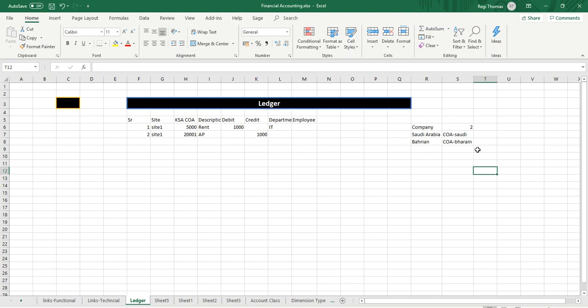So you will decide that whenever a transaction is happening, I need to track it in another chart of accounts which is common to these two companies.